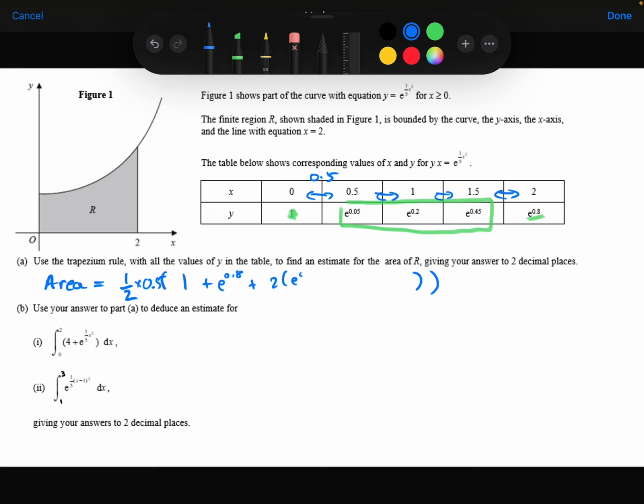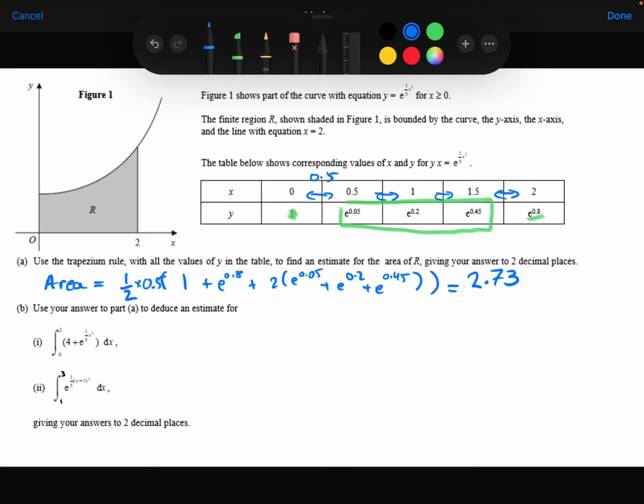So e to the 0.05 plus e to the 0.2 plus e to the 0.45. Substituting that into a calculator and being super careful with those brackets, we get to 2 decimal places, 2.73. And that's your answer for part A.